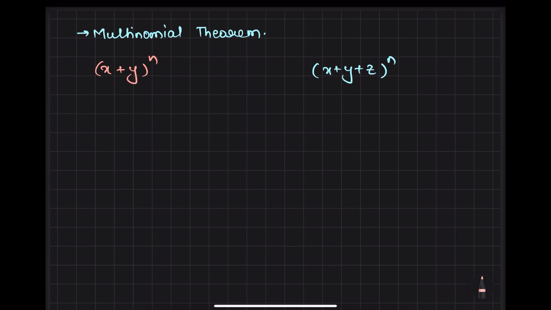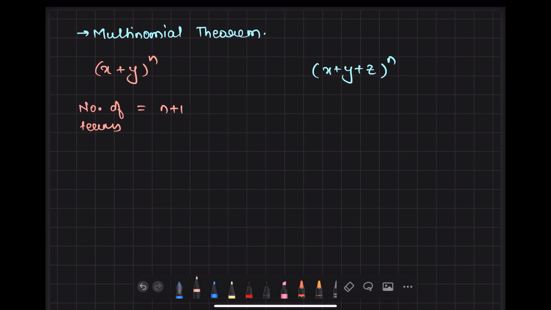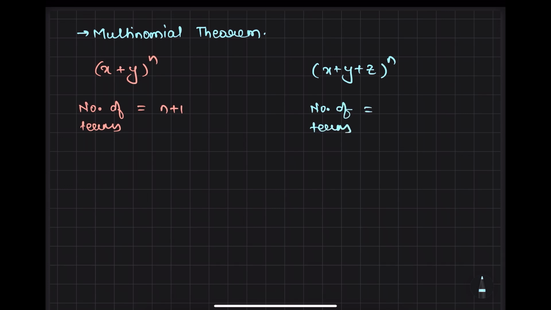First I will deal with the number of terms. You know that in binomial the number of terms is n plus 1. Now look at this. In multinomial the number of terms, this is important, is, look at this.